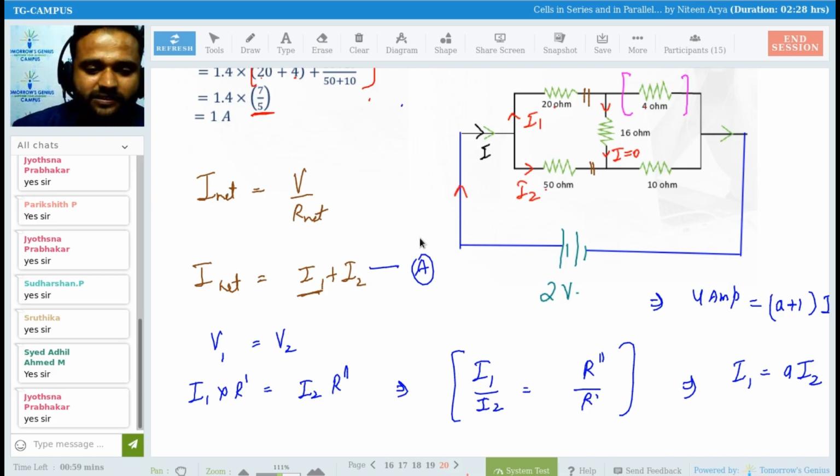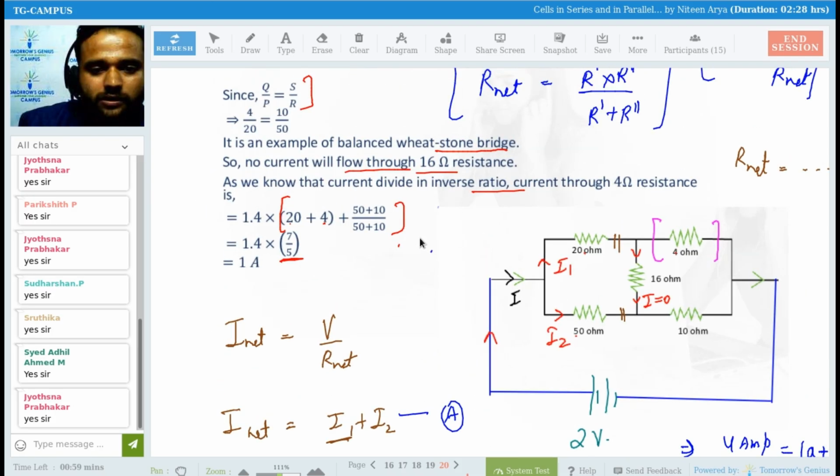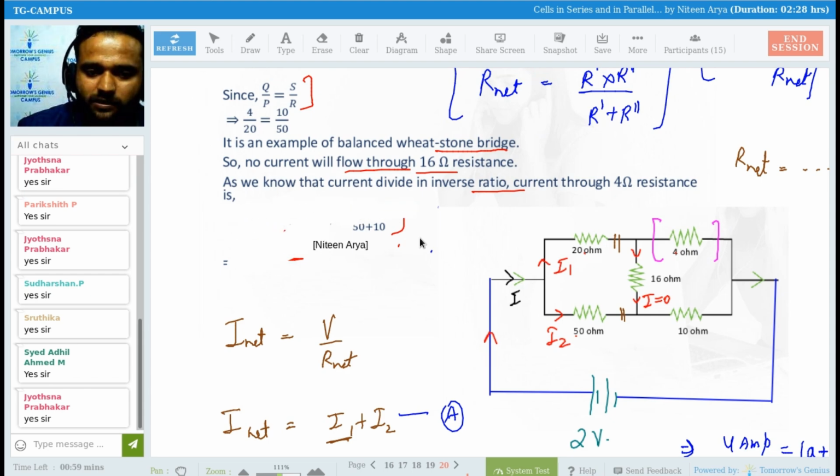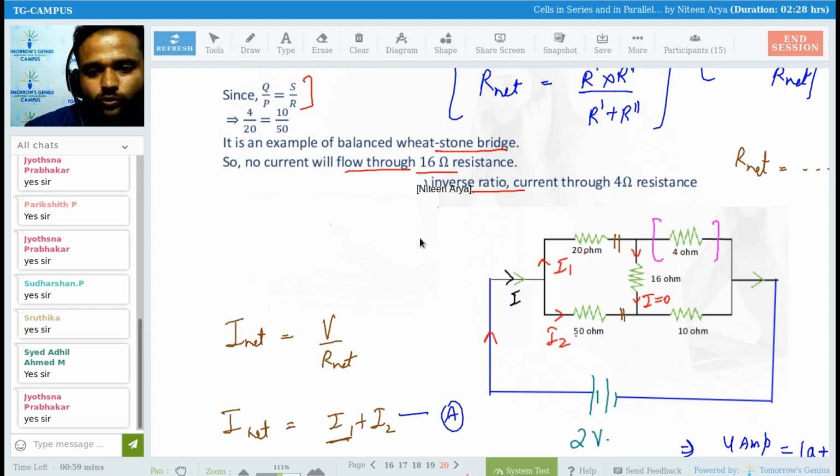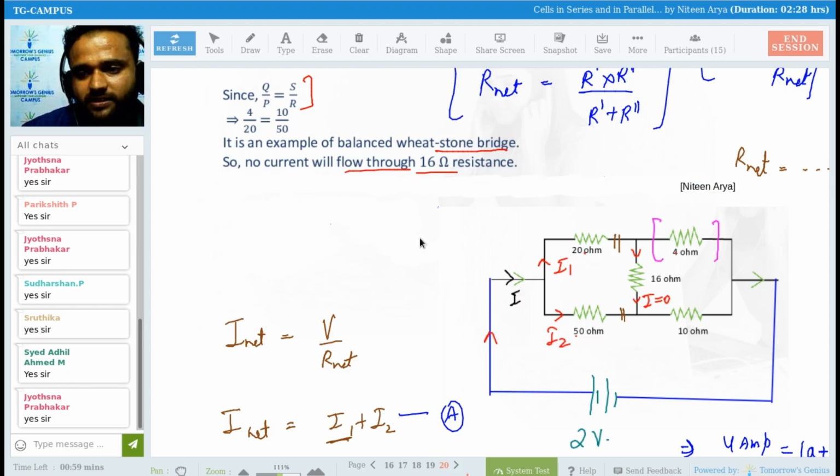A little complex thing, but this is the way. So just remove this. Why should I remove this? Because you are not going to understand it, and here in the question we provide you the resistances. Is it clear what I'm doing here?